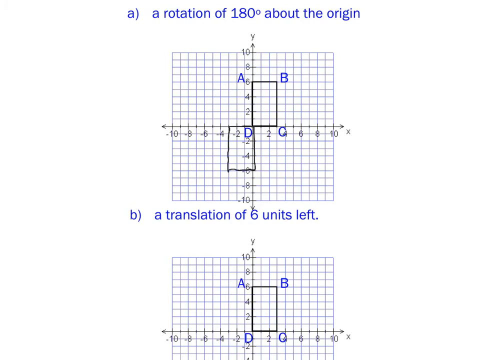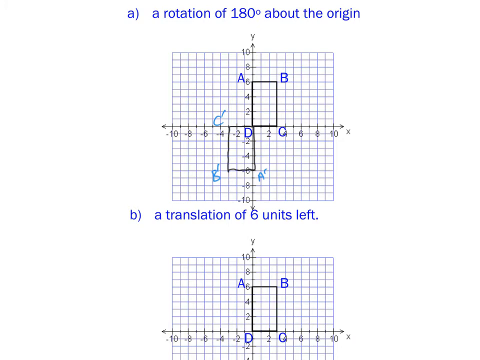That's what we would get. And this would be our B prime. This would be our A prime. So that would be our C prime. Now, symmetry.